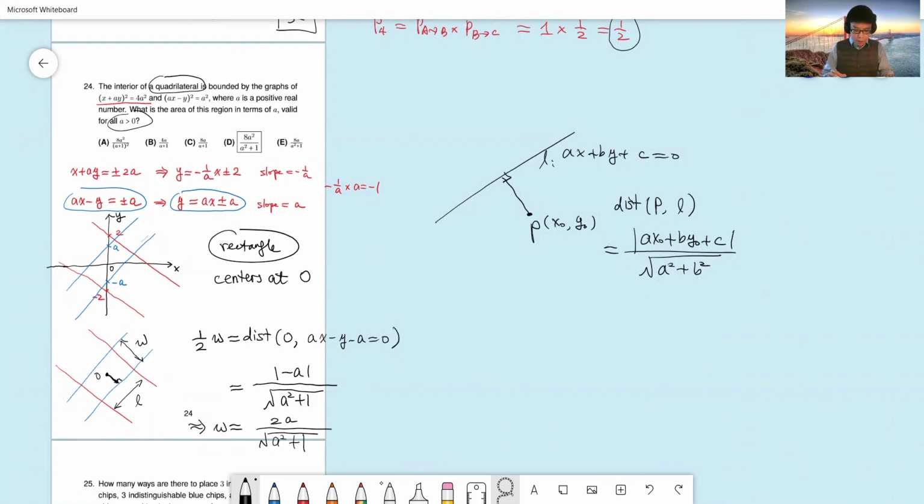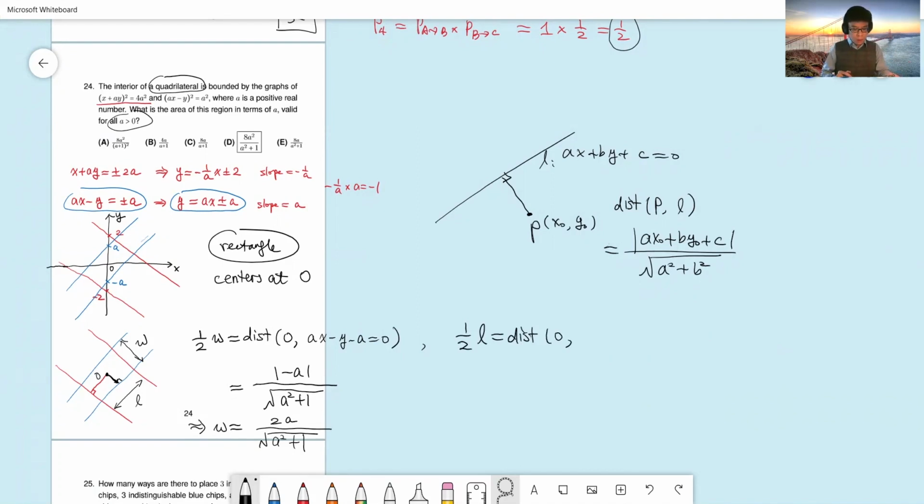And next, let's find the length, the L. One half of the length is the distance from the origin to the other line.